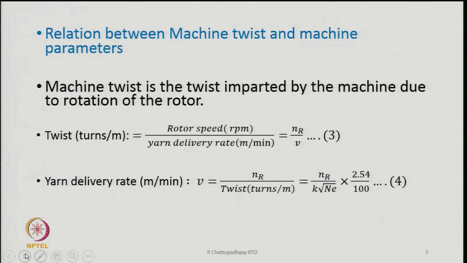Now, the twist in turns per meter is related to the twist if we express it in terms of turns per inch, or if we want to express it in terms of twist factor. We have already seen earlier that twist per meter is actually k root over Ne into 100 by 2.54.